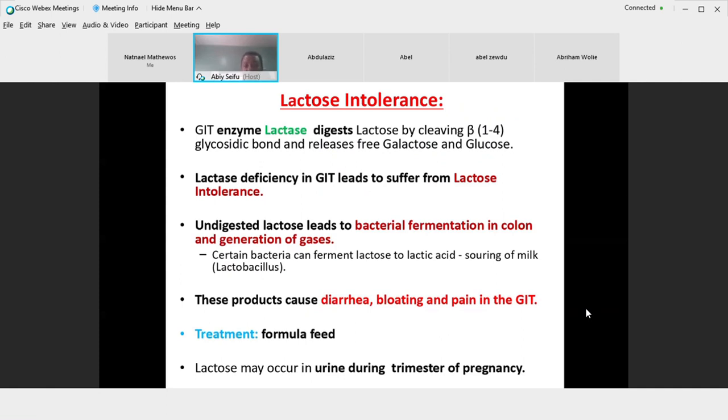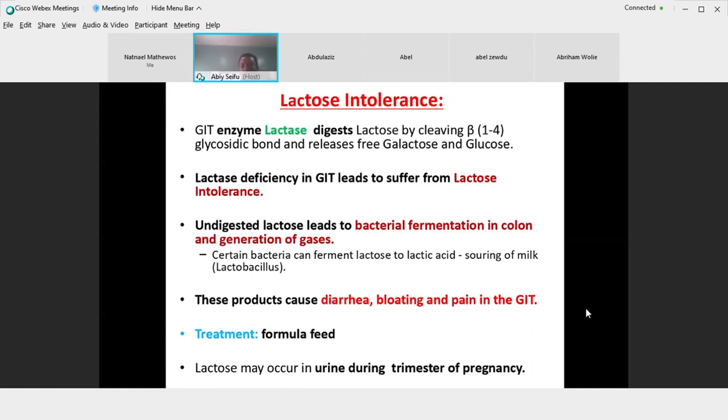These individuals are unable to digest lactose, so this lactose will go to the colon and be fermented by bacteria, forming unexpected end products like lactic acid and different gases.